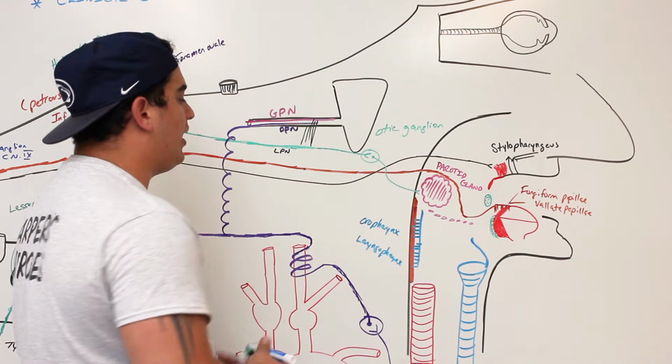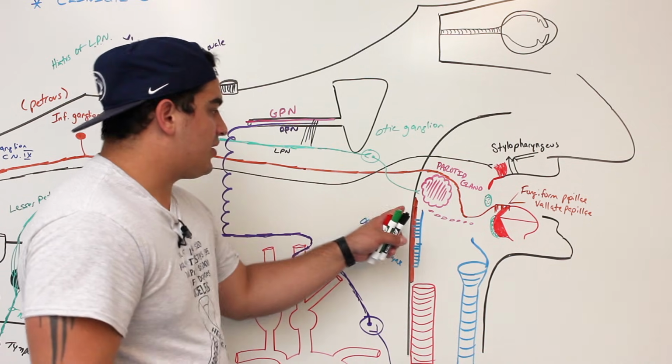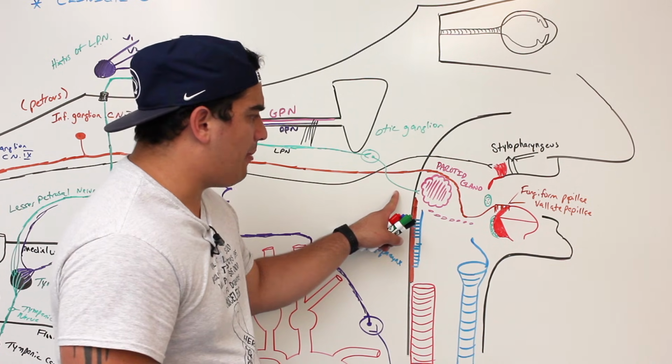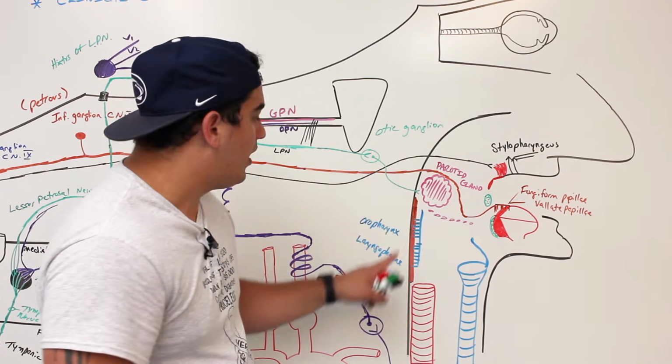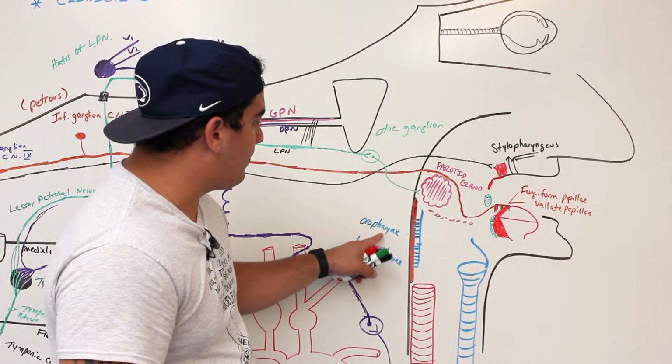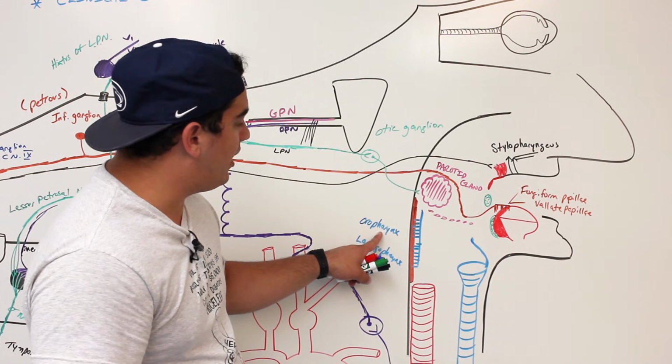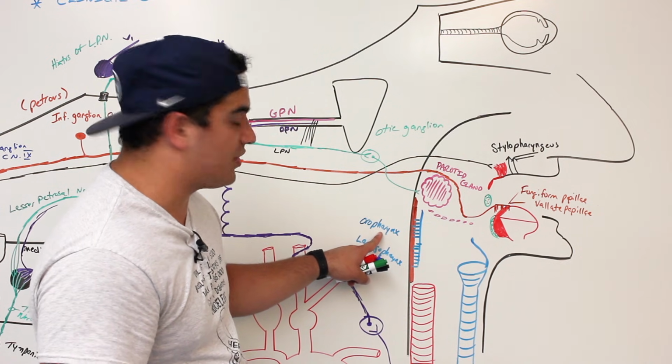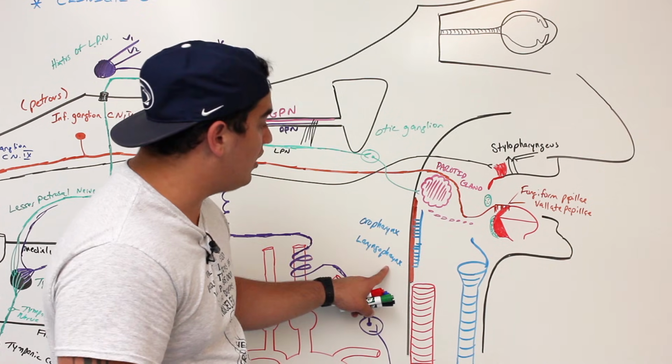It doesn't really supply much of the nasopharynx because that's going to be primarily the trigeminal nerve, right? So the trigeminal nerve supplies most of the nasopharynx, whereas the glossopharyngeal nerve gives touch, pain, temperature fibers primarily for the visceral sensations to the oropharynx and the laryngopharynx.